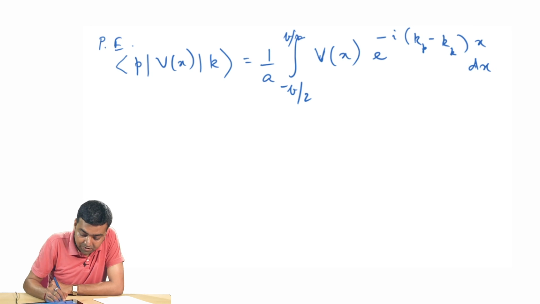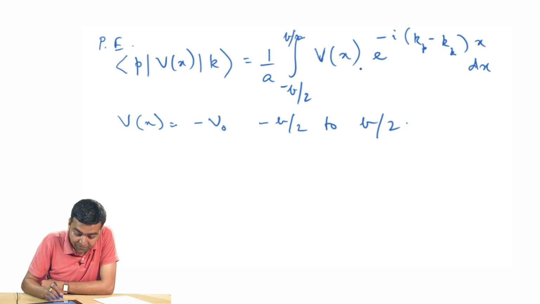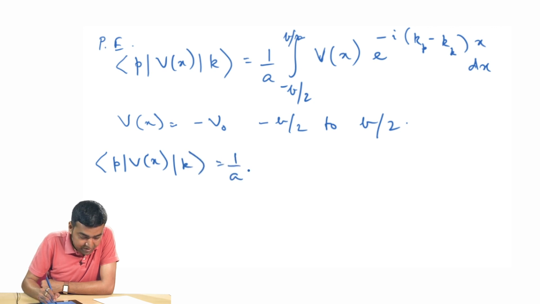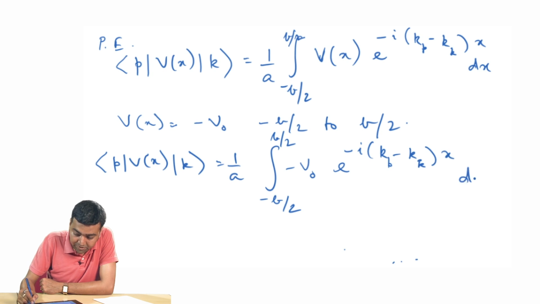Now, if you remember, my V x is equal to minus V 0 from minus b by 2 to plus b by 2. So, I will just plug the value of V x here. So, what I get is p V x k equals 1 by a integration from minus b by 2 to b by 2 of minus V 0 e to the power minus i k p minus k k x dx.